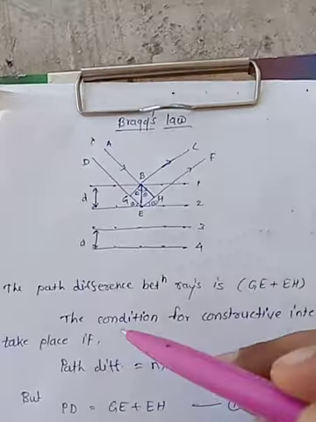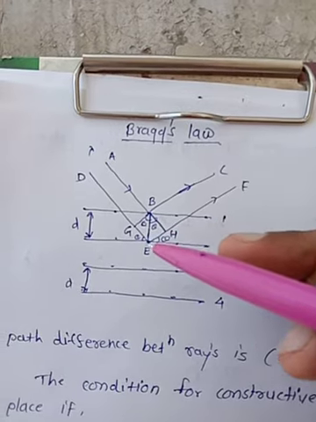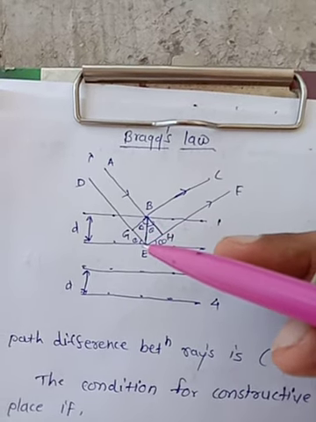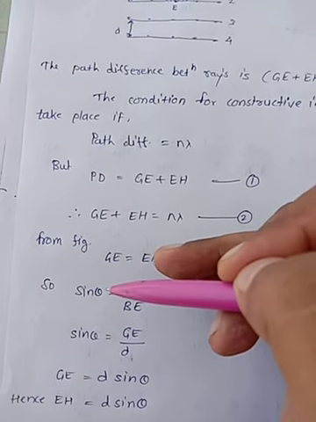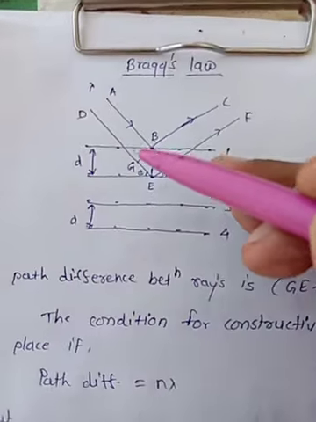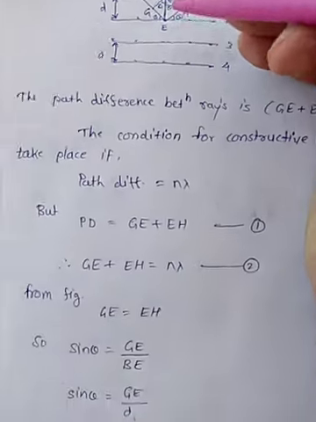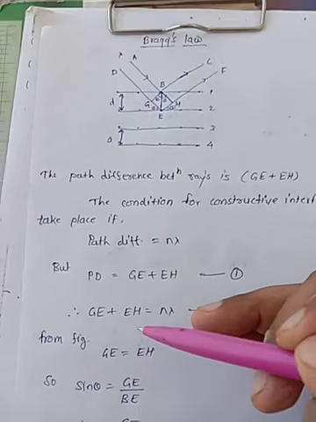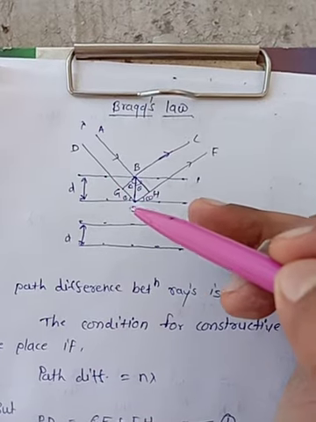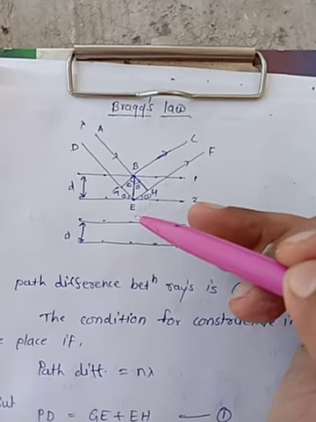From the figure, GE is equal to EH. Also, sin theta is equal to GE upon BE, and BE is nothing but d, because d is the interplanar spacing.